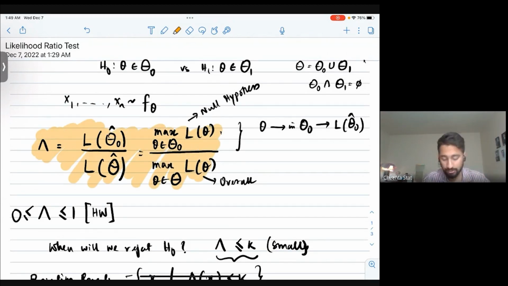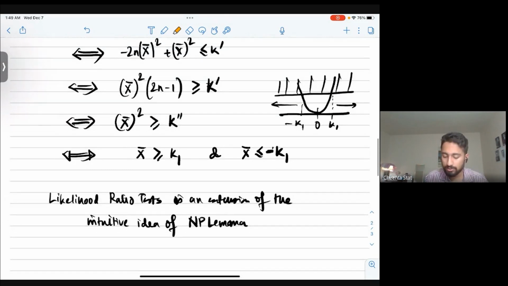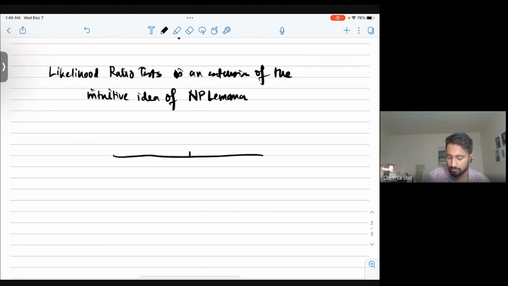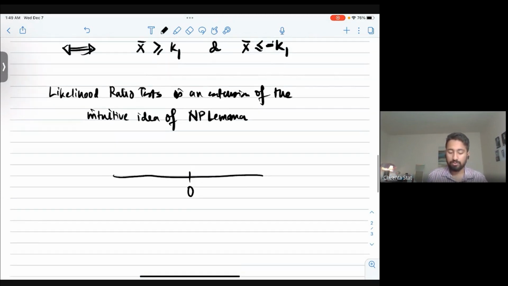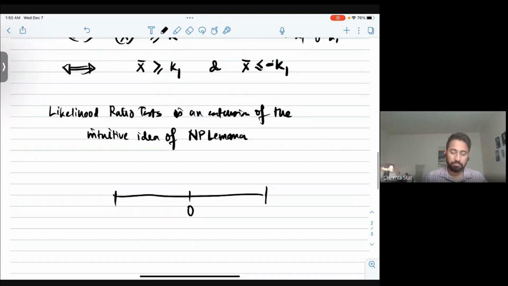I hope you understood that, and this enhances your perception. It makes sense: if the mean of the whole data is coming on either tail, that means most probably the actual mu is not equal to 0, because the mean is lying far away from 0. On both sides it should occur, not on one side. That's the basic idea.